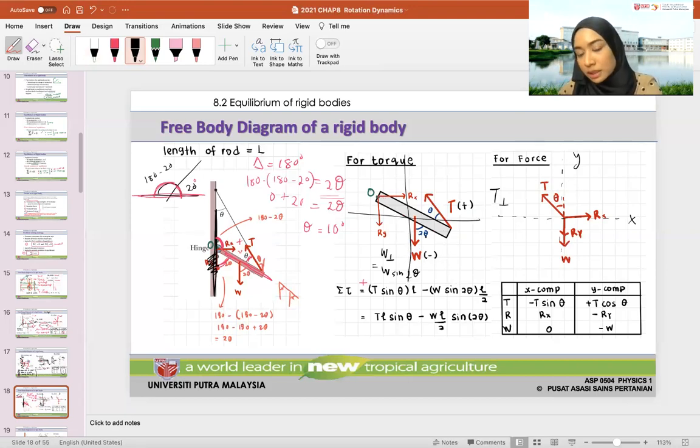So W goes down, Rx to the right, Ry down, and T, we have to know the T is this way, right? We have to know what is the component of T. It's not the same as when we're solving for torque. The tension that we used to find torque was different compared to the tension that we use in the free body diagram for translational force.